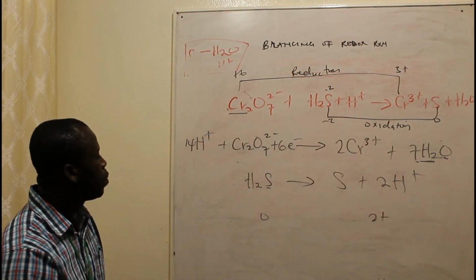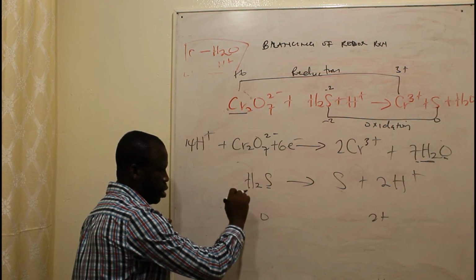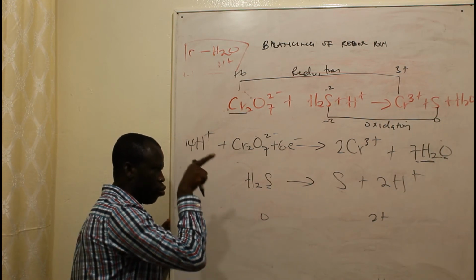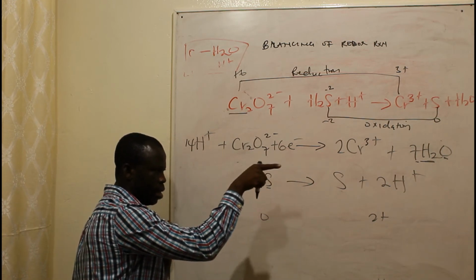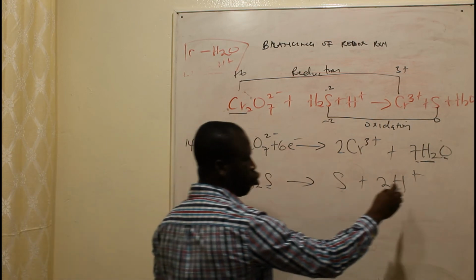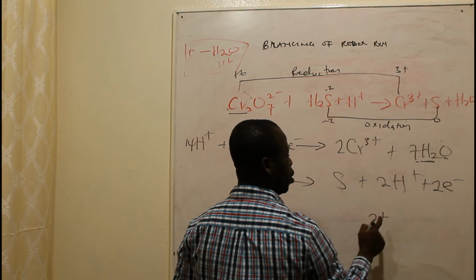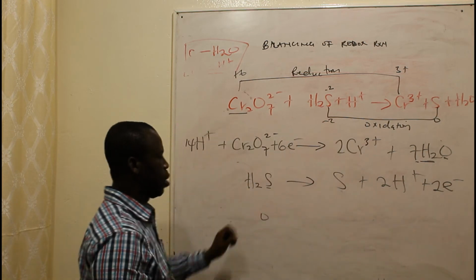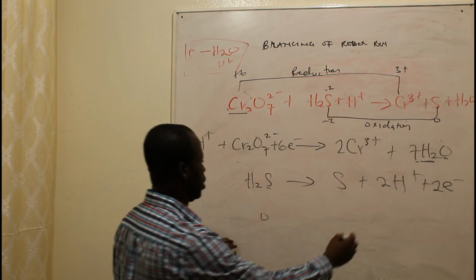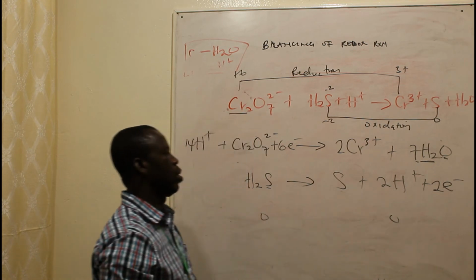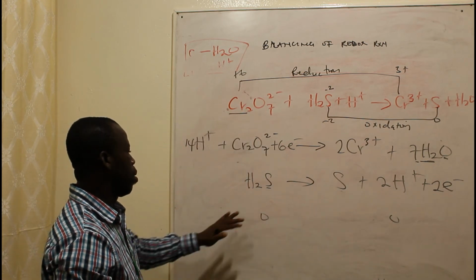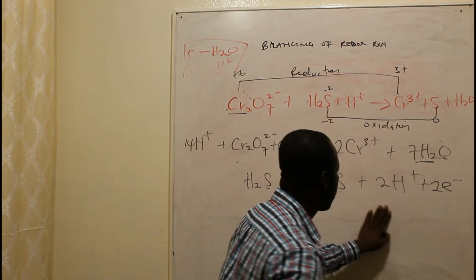This is oxidation, so we expect the electrons to go to the product side. So we are going to add 2 electrons in order to reduce this to 0, so that we balance the charges, 0, 0. Then we are done.